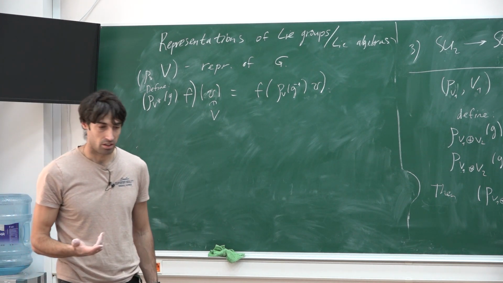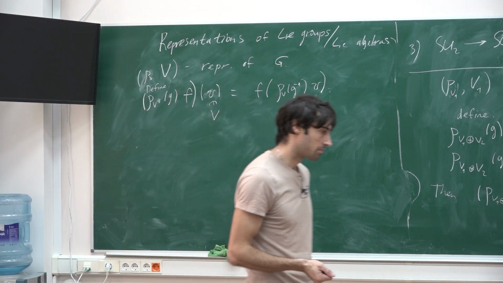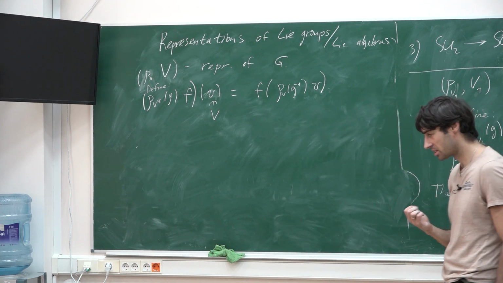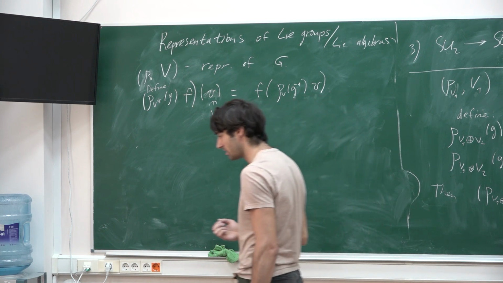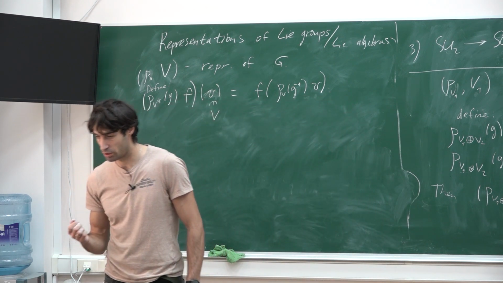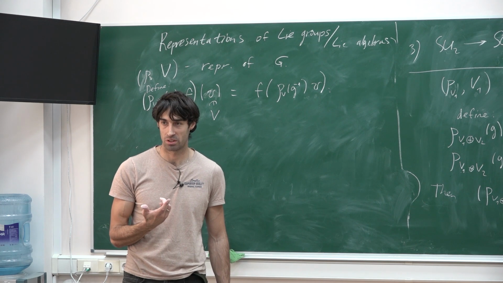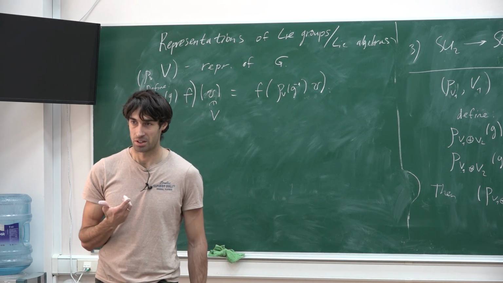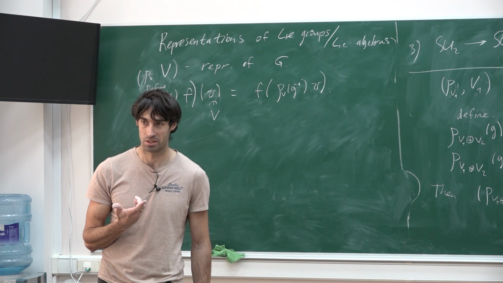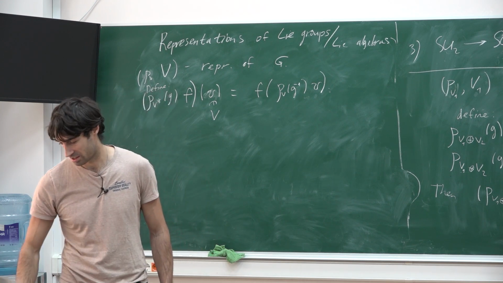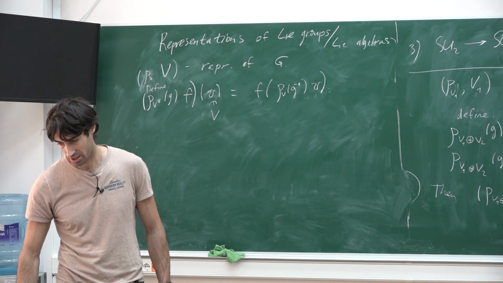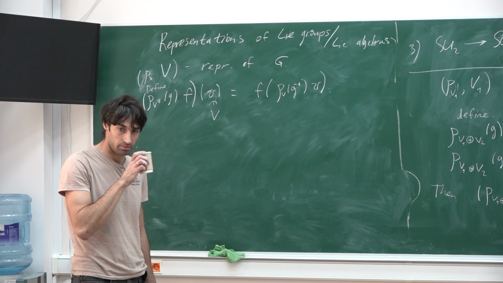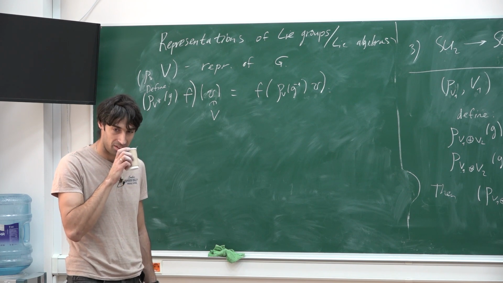It's always like this in representations. To define the dual representation, you need some natural anti-homomorphism on your group or your algebra. In the language of Hopf algebras, it's called antipode.